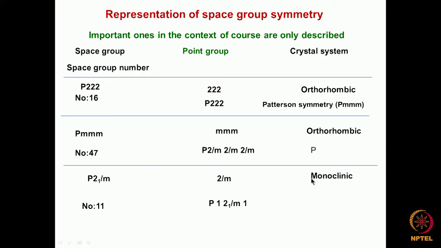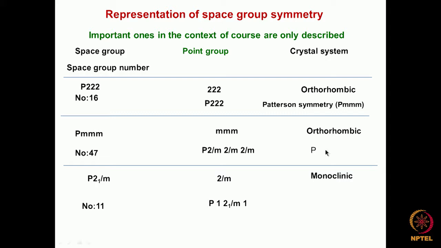Like here, if you look at this particular orthorhombic structure, the point group symmetry is MMM, the space group symmetry is PMM, the number is 47, and this is the detail of the space group symmetry P. This M means 2 by M, 2 by M, 2 by M. Okay. This is all acting along each one of the A, B and C axes, correct, for orthorhombic structure.